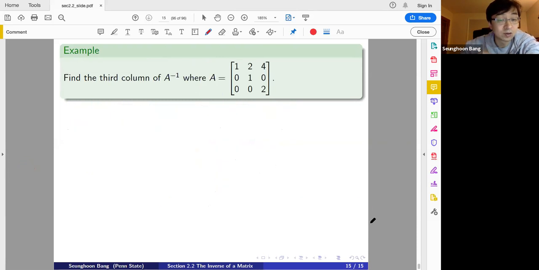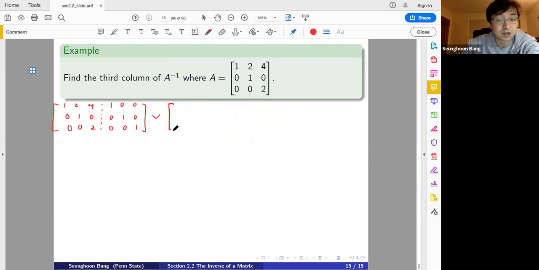The last one: find the third column of the inverse of A, where A is 1, 2, 4, 0, 1, 0, 0, 0, 2. So how can you do that? We use the same method. Here, you can form A and I: 1, 2, 4, 0, 1, 0, 0, 0, 2, and I is 1, 0, 0, 0, 1, 0, 0, 0, 1.